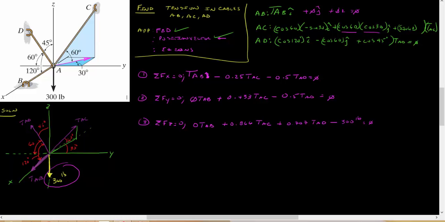Now I'm going to cheat a little bit, scratch this out, and take it to the other side, so that's going to equal 300 pounds.